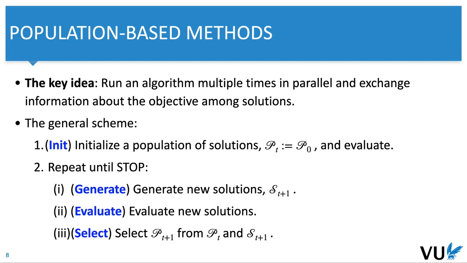And the general scheme is that first, of course, we initialize a population of solutions, we evaluate them, then we generate new solutions, here denoted by big S. Then we evaluate these new solutions, and then, of course, we select a new population from past population and new solutions, all right? And now, again, how we define these steps will lead to different algorithms.